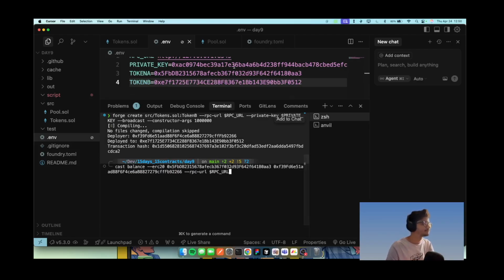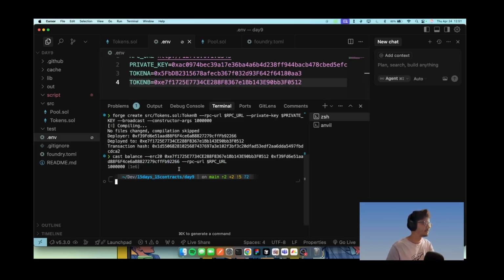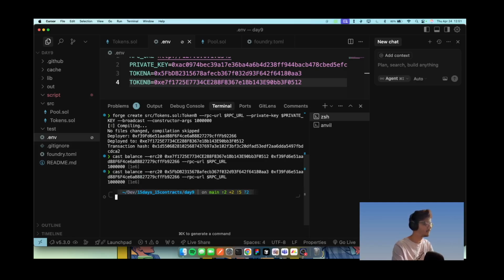We have checked the A balance. Now let's check the B balance here. Same. Okay, now we have the same balance here. So this guy has 1 million of token A and 1 million of token B. Okay, now we need to deploy the pool with these addresses.